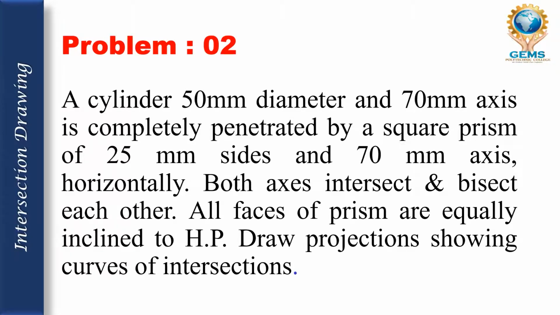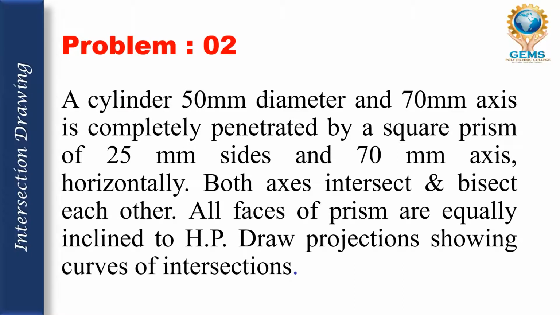The first shape is the cylinder, diameter 50 mm and axis 70 mm. The second shape is the square prism, side length 25 mm, extruded to 70 mm. Both axes intersect and bisect each other, and we draw the projection showing the curves of intersection.